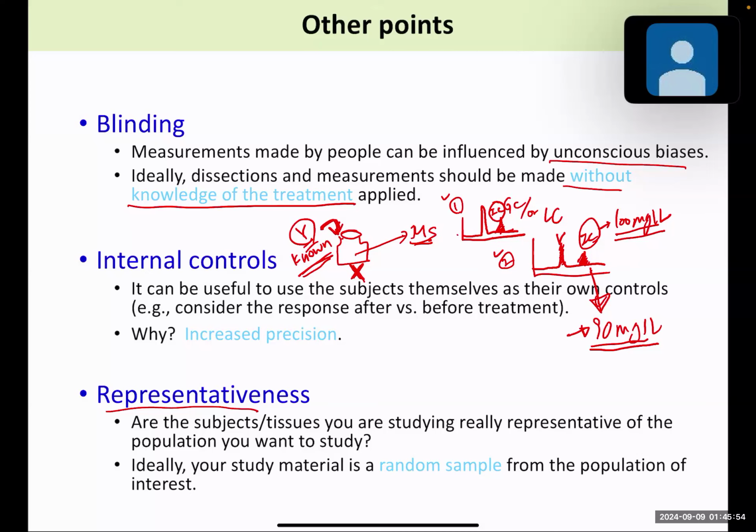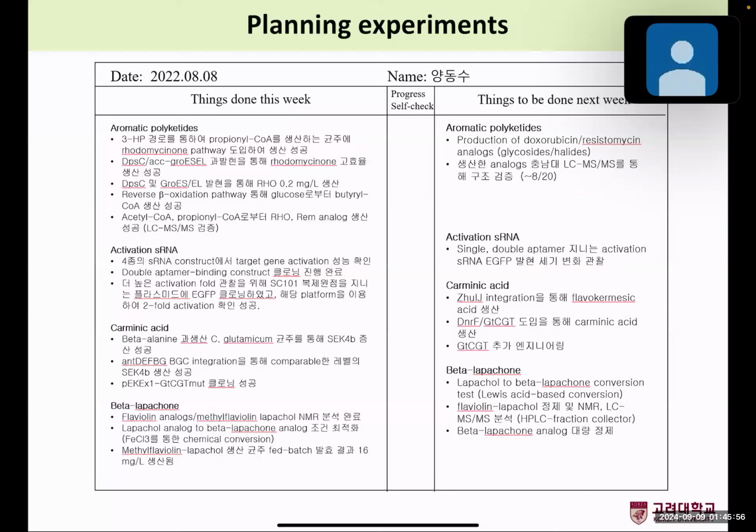And let's move on to the real examples of planning experiments. So this is an example of experimental plans that I myself performed in 2022. This is quite formal because this is for reporting to my previous advisor.